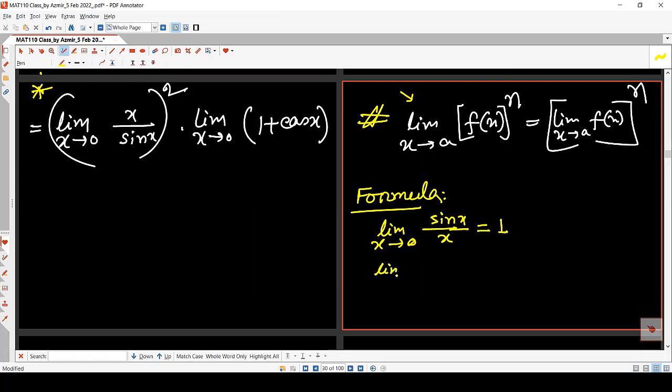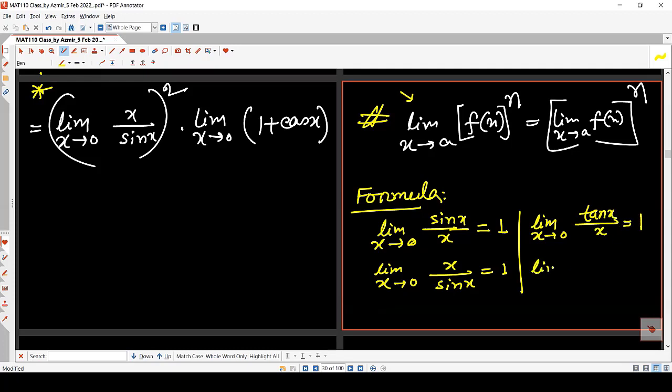Similarly, we have to know limit x tends to 0, x divided by sine of x equals 1. We also know that limit x tends to 0, tangent of x divided by x equals 1. Similarly, limit x tends to 0, x divided by tangent of x equals 1. So these formulas are useful.